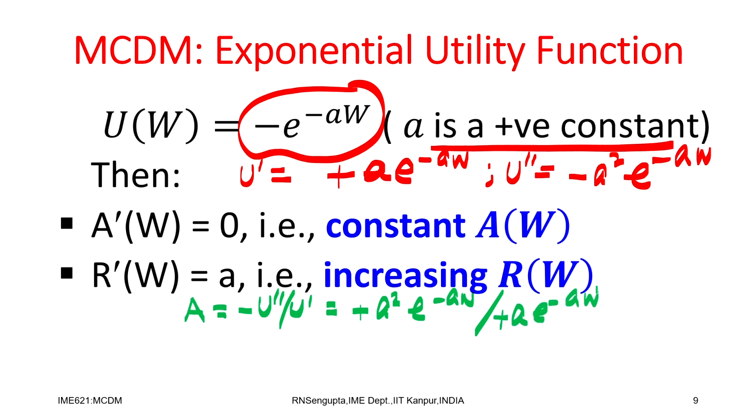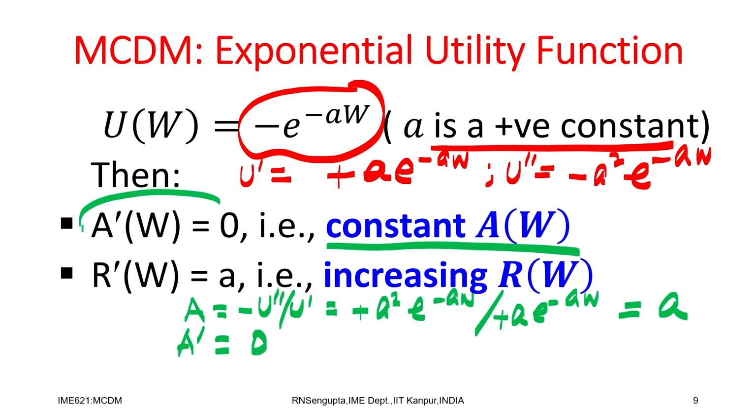So, e to the power minus a w cancels from numerator and denominator, a cancels from numerator and denominator, and the value is a. When you differentiate capital A, it becomes 0. Hence it is the constant absolute risk aversion property, and as given, a prime is 0.